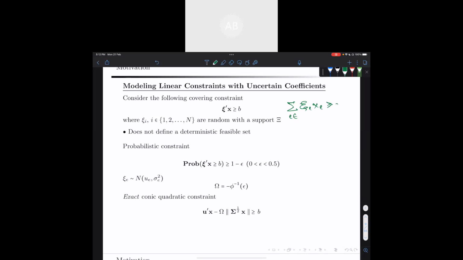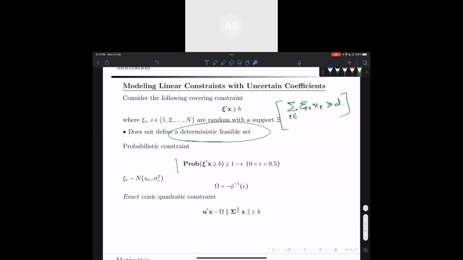If you have a linear probabilistic constraint, since it does not define a deterministic feasible set, it's fair to ask, instead of imposing this constraint directly, for some service level on the satisfiability of this constraint.